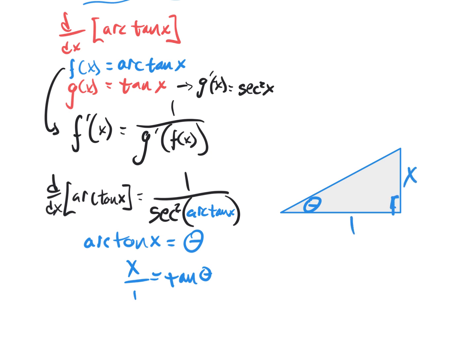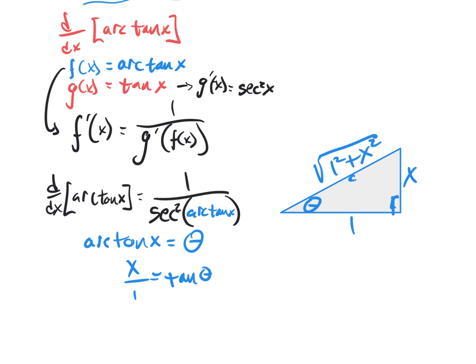All right? And we're going to need this mystery side here. So using the Pythagorean theorem, you can call this c if you want. 1 squared plus x squared equals c squared. So this is going to come out to be the square root of 1 squared plus x squared. So there's the third side.